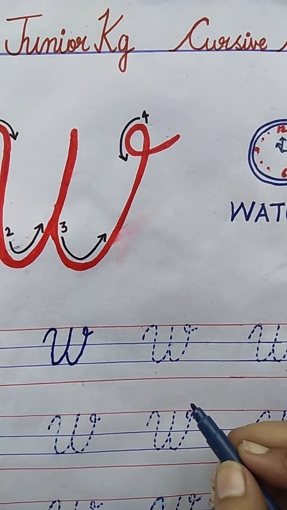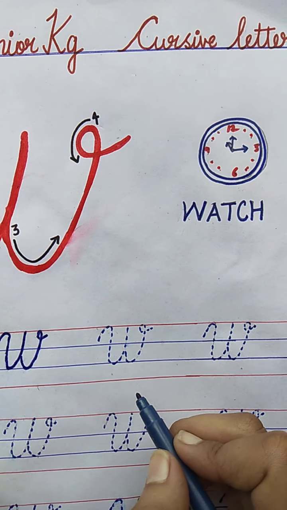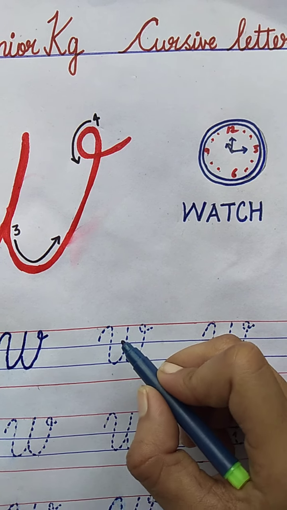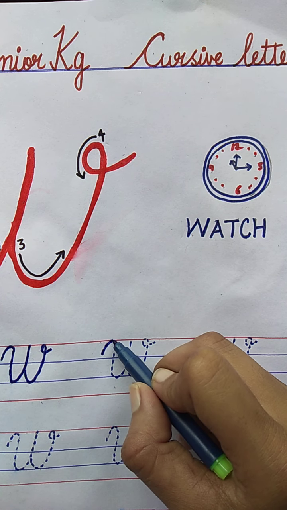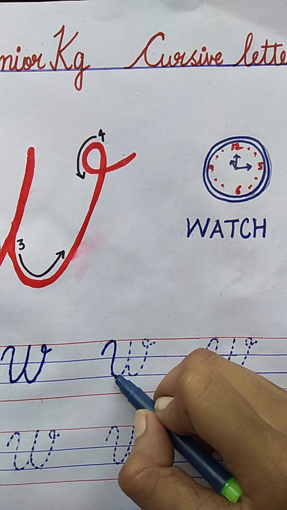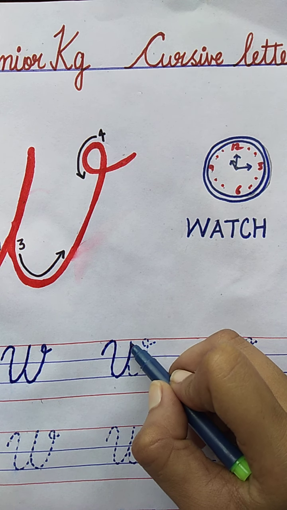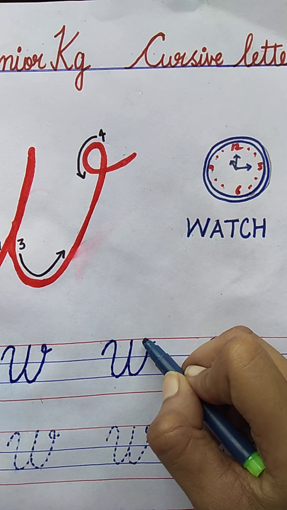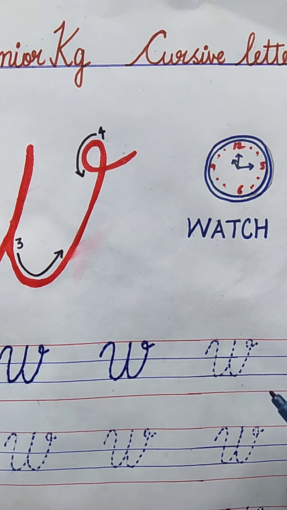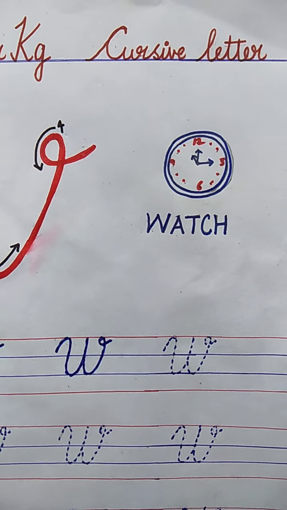W for watch. Speak with me. W for watch. Now again see here, curve, slanting line, curve, slanting line, one more curve, slanting line and a loop. W for watch. Very good.